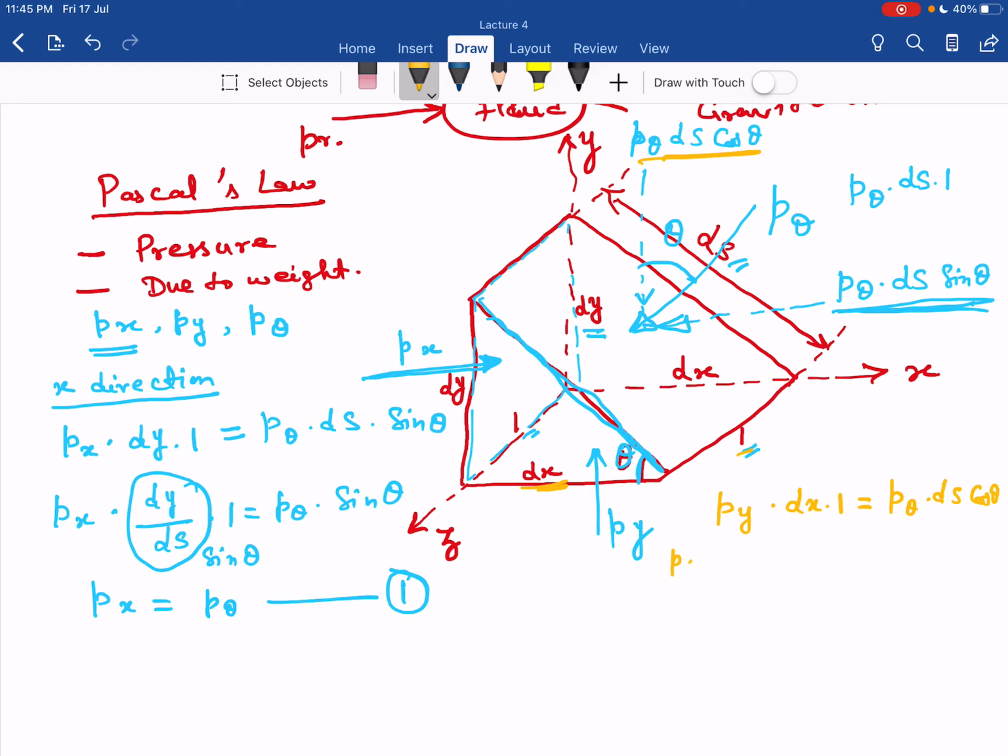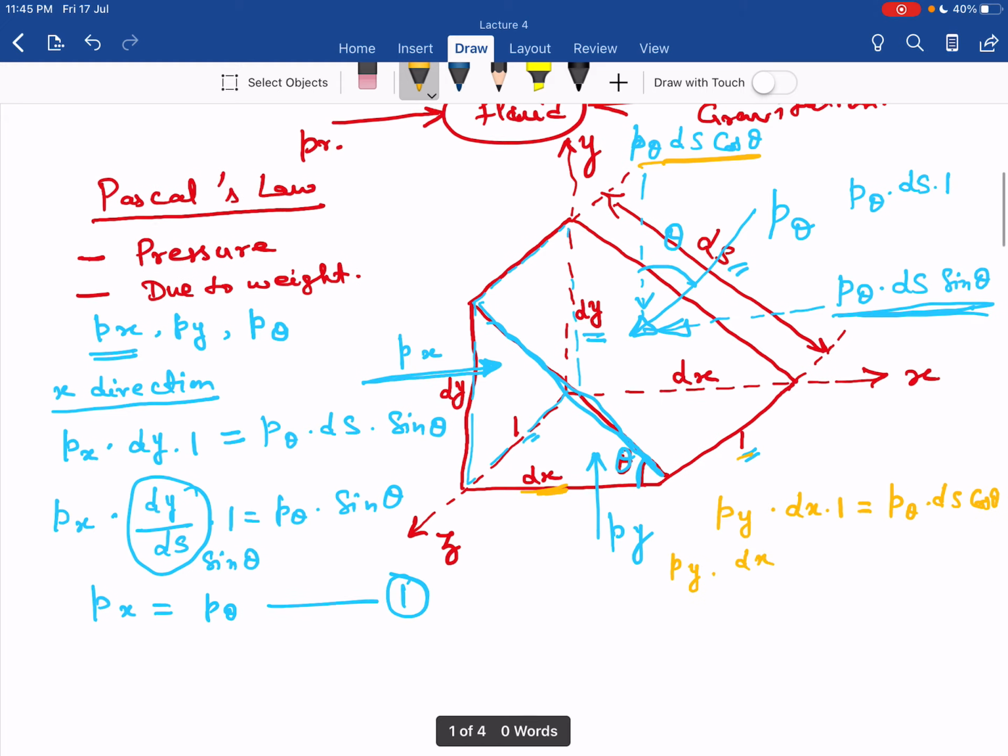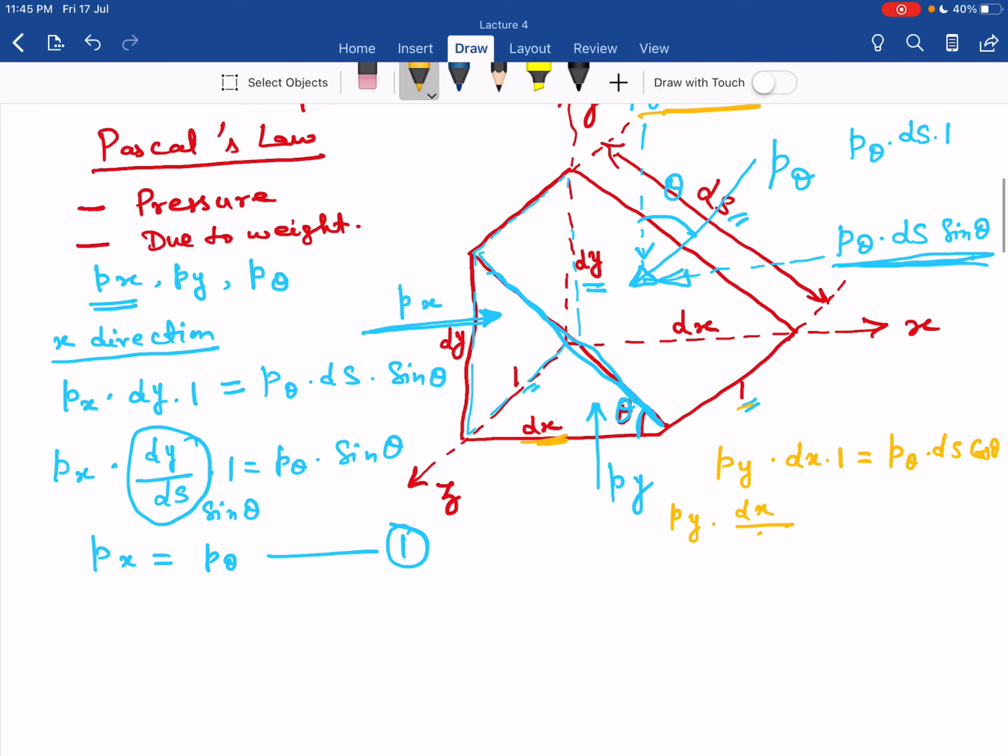So you can write it as py into dx upon ds equal to p theta into cos theta, where this dx upon ds becomes cos theta. So you have the second relation as py equal to p theta, that is equation number 2.